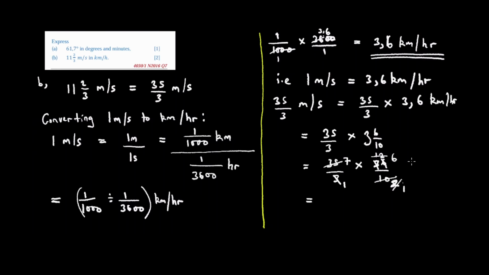So what is 7 times 6, that's 42. So the answer is 42 kilometers per hour. Check George's answer to see how it differs. 42 kilometers per hour. So 11 and 2/3 meters per second is 42 kilometers per hour.